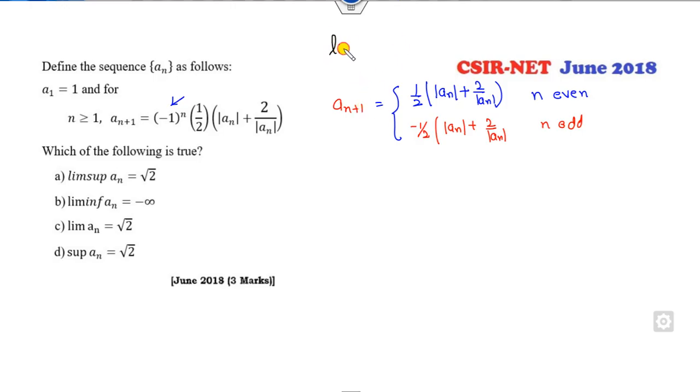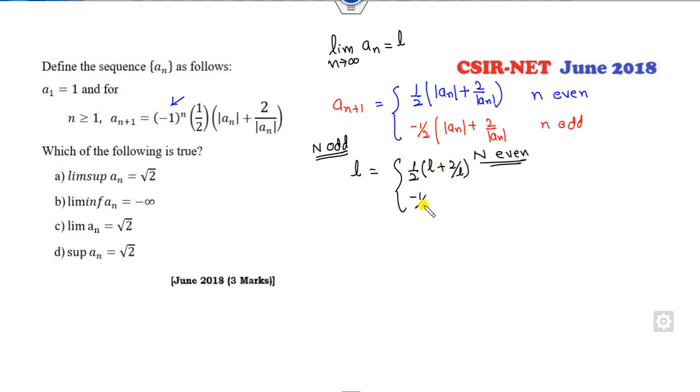Then take the limit on both sides. So I consider this limit is L. So you have two limits, one when n is odd, one when n is even. So I consider two different limits here. What is that? Half L plus 2 over L and -half L plus 2 over L.